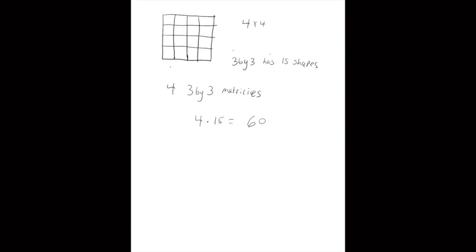For example, we're not going to want to count this shape right here because we've already calculated it down here recursively, because that shape has come from a 3 by 3 matrix. And just like this shape is also calculated, we saw that in our 2 by 2 matrix, so there's no need to count those kind of shapes. The shapes we're looking for is a shape like this. We have not seen this shape before.